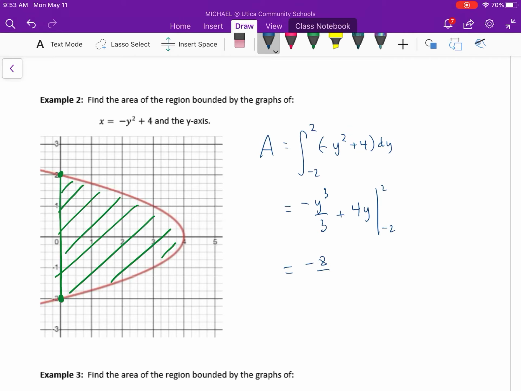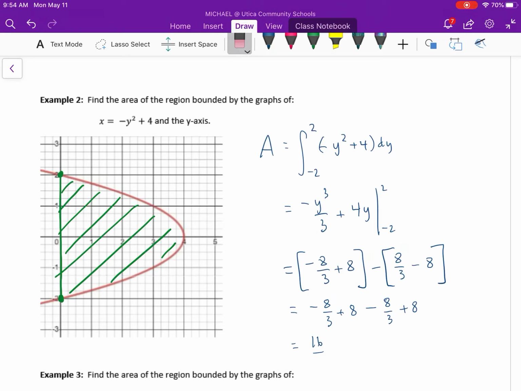So let's plug in a 2. I get -8/3 plus 8, minus, when I plug in a -2, I get +8/3 minus 8. So -8/3 plus 8 minus 8/3 plus 8, or 16 minus 16/3.